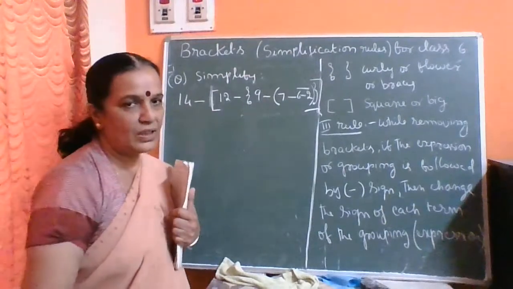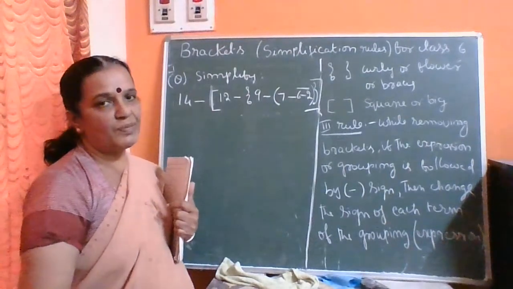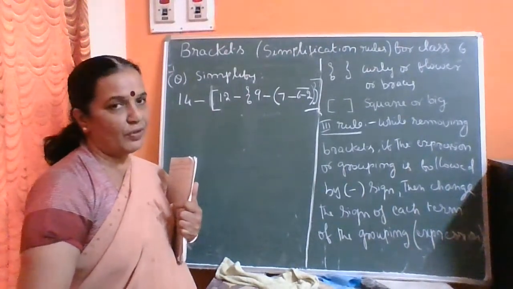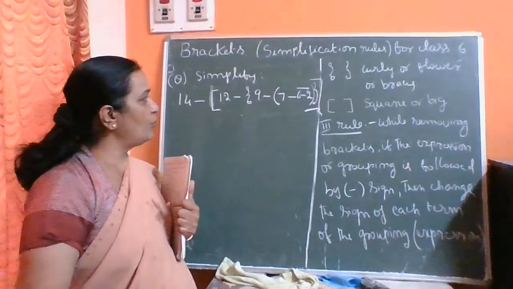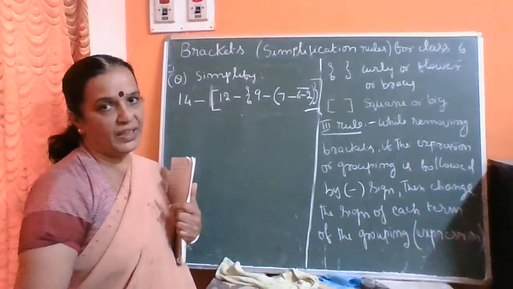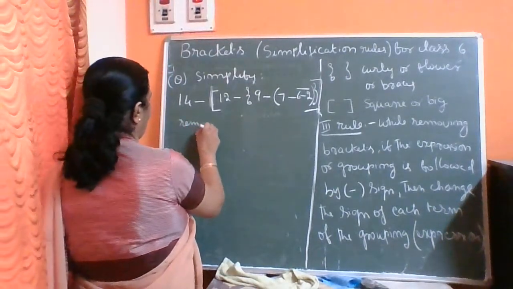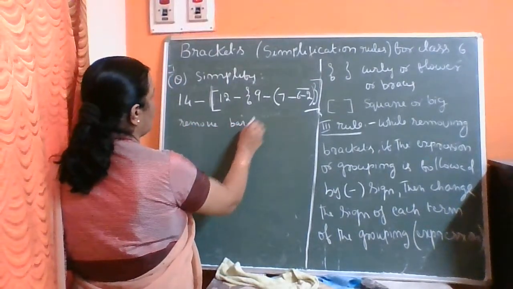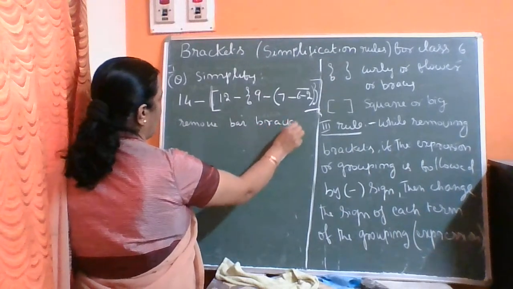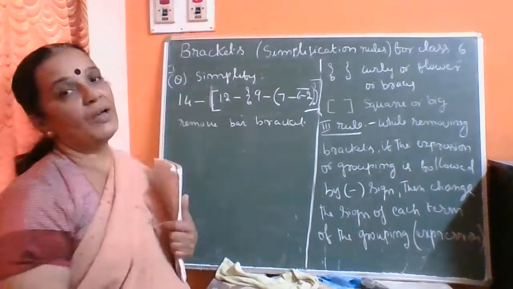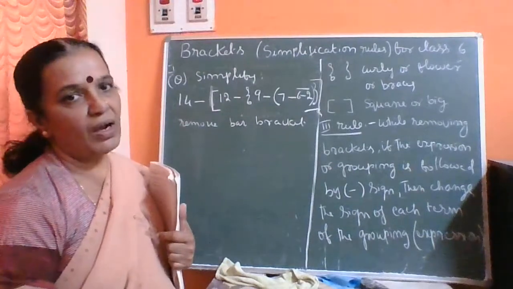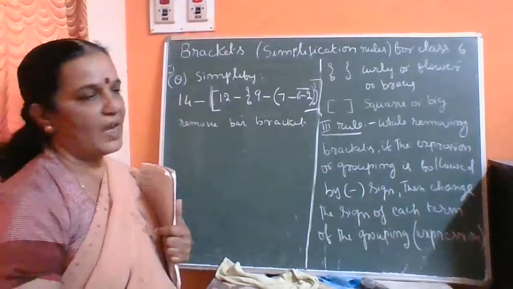In this question, all types of brackets are there. Therefore, first we have to remove the bar bracket or the line bracket, and write all the other numbers and symbols as it is.